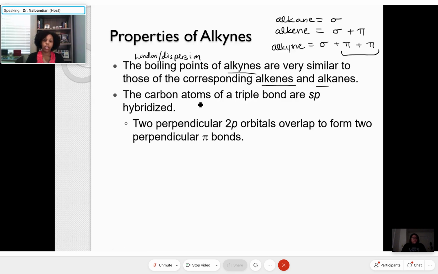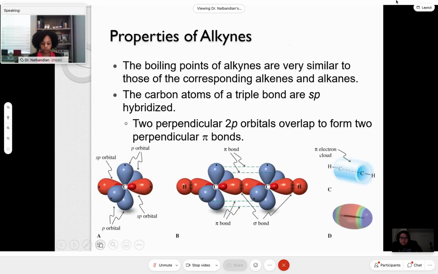So when we look at our carbon-carbon triple bond, we'll just make it the simplest alkyne. Each carbon is sp hybridized. So what does that look like? Well, let's go back to basics.